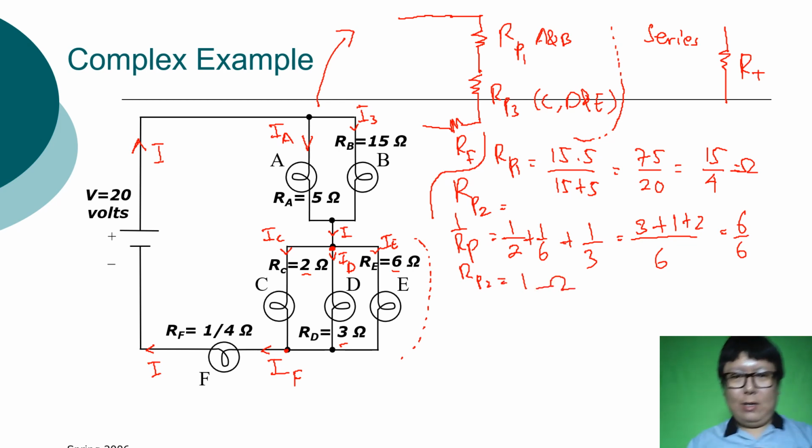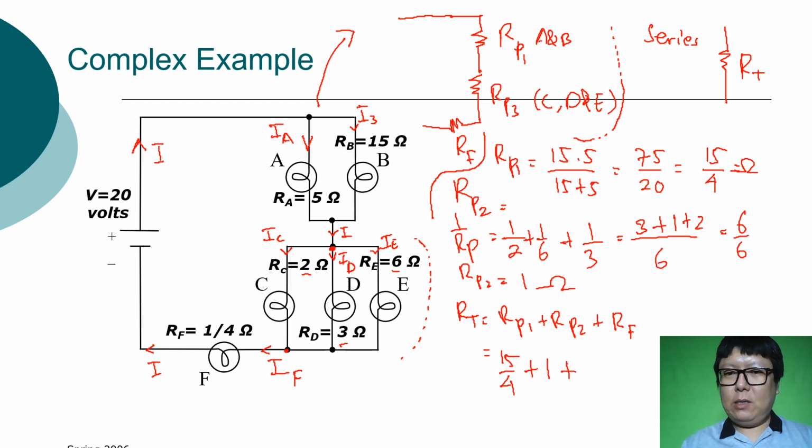Okay, now how to find the R total? Because all is in series, right? So RP1 plus RP2 plus RF. So 15 per 4 plus 1 plus 1 per 4 equal to 16 per 4, 5 ohm.